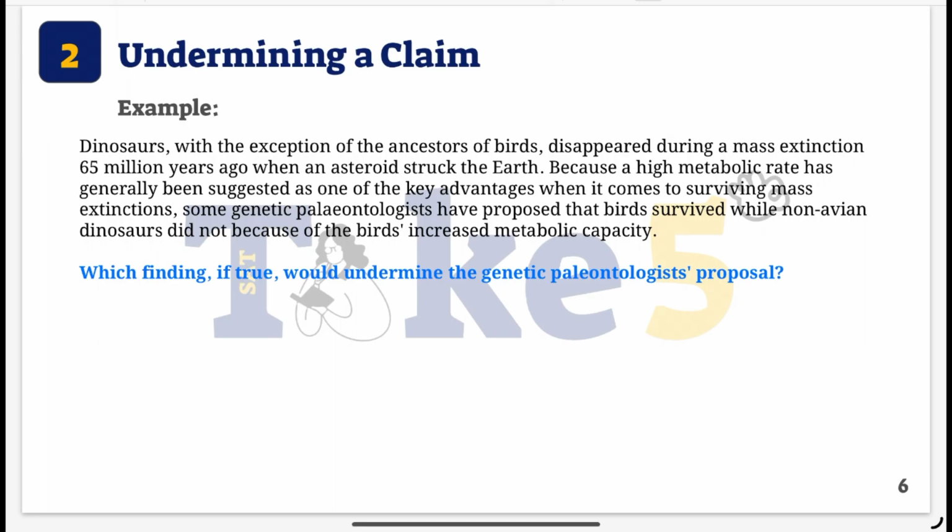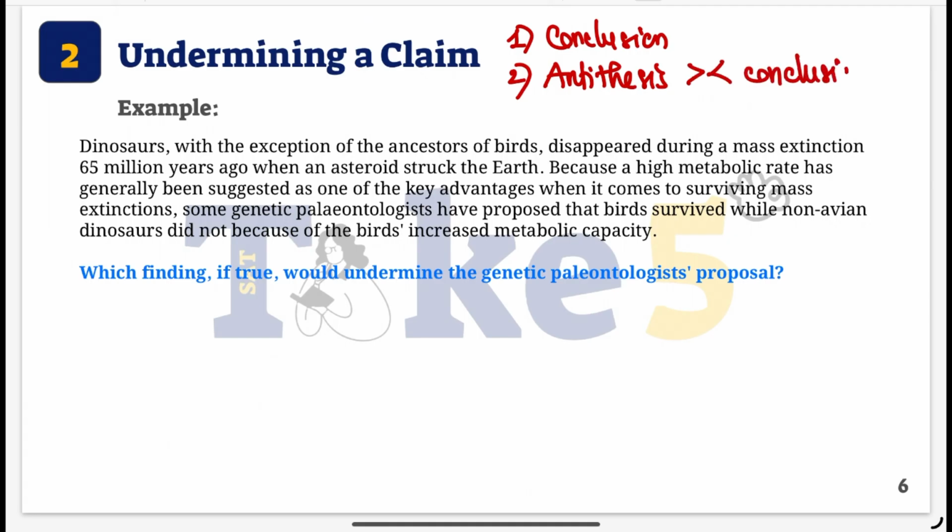But for the undermine question, non-supporting answers can be unrelated, which might confuse you as to whether it directly contradicts the conclusion or not. So, a good tip for the undermine question is to come up with the antithesis of the conclusion first and find the example that supports this antithesis.